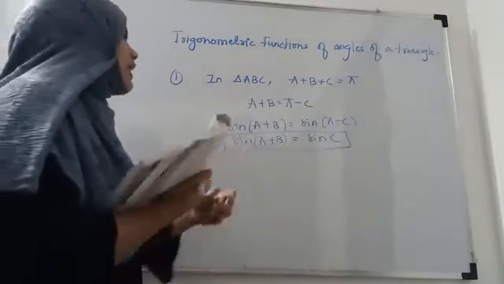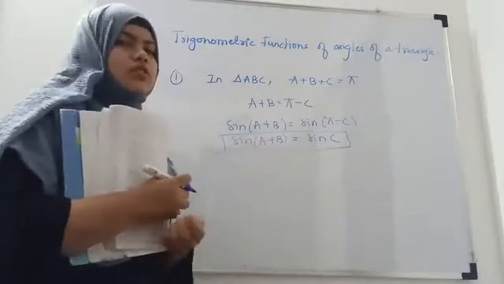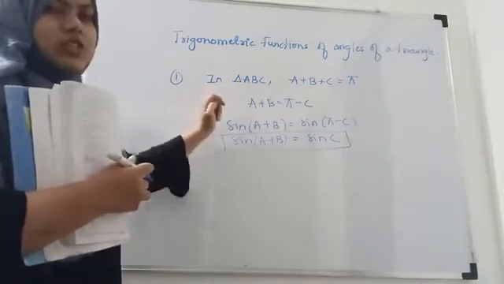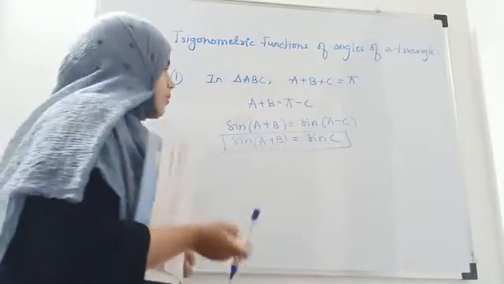So if you have sine A plus B, you can write this as sine C only for this section, that is for angles of a triangle.